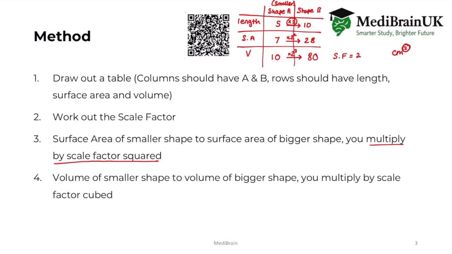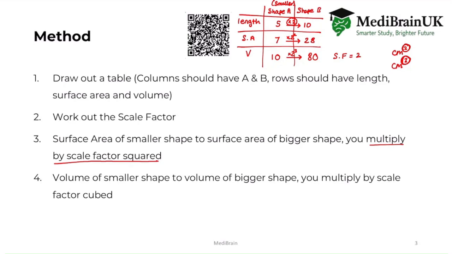Okay, and volume, you multiply by the scale factor cubed. Volume has units centimeters cubed, so you multiply by the scale factor cubed. And you only multiply when you're going in one direction. So if you're going from left to right, you multiply.